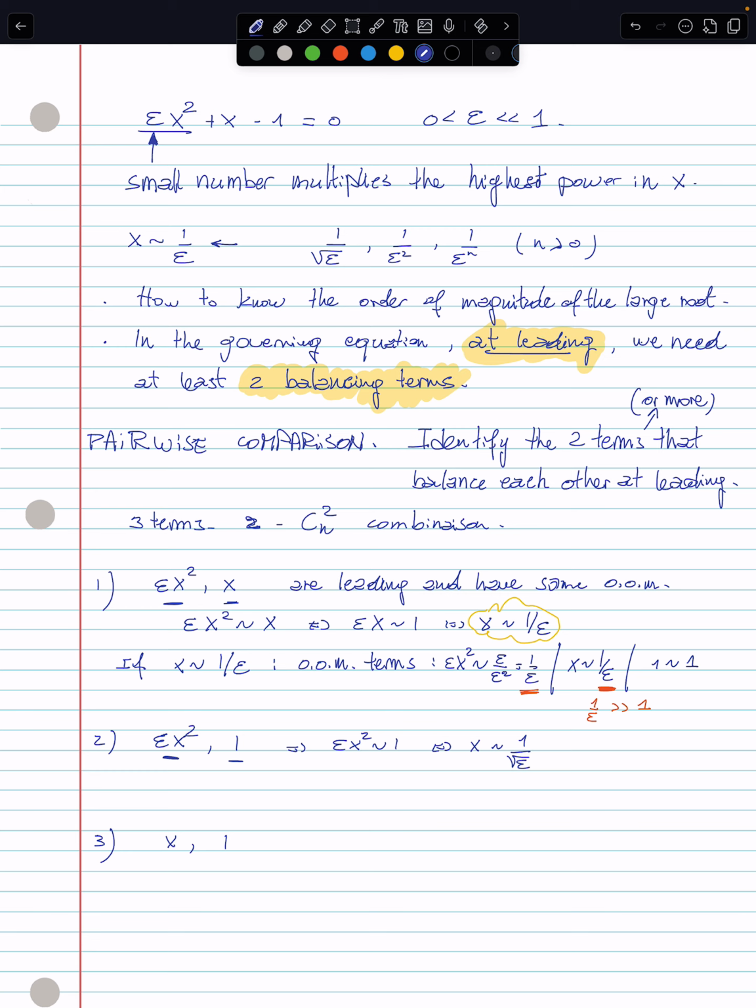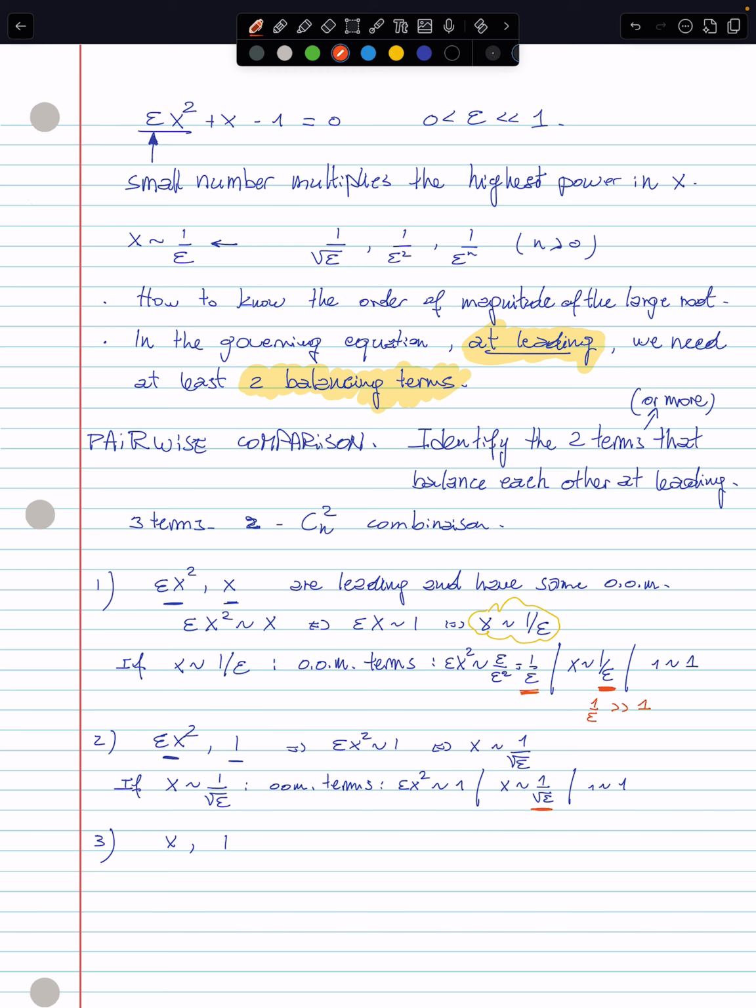Okay, we need to check that these two terms are well leading, and if I assume that x is of order 1 over square root epsilon, the order of magnitude of the terms become: epsilon x squared is of order 1, x is of order 1 over square root epsilon, and of course 1 is of order 1.